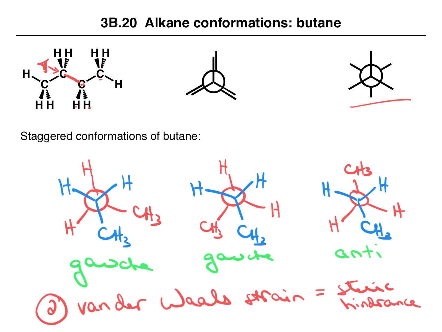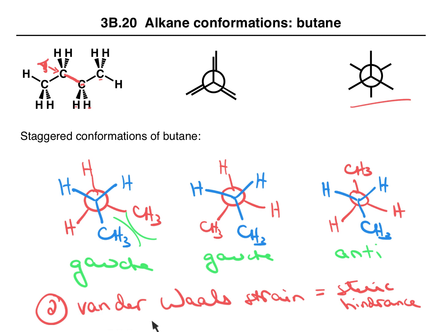In other words, the atoms or groups are too close to each other. So here, if we consider our methyl groups, off of each carbon, we have those 3 hydrogens. Overall, it's a tetrahedral arrangement, and it just puts those hydrogens a little bit closer to each other than what they prefer.